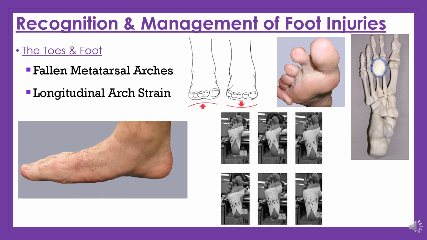Now, longitudinal arch strain is usually caused when an athlete subjects their intrinsic foot musculature on the bottom of their foot to stresses that they aren't used to. It causes a flattening or depression of that longitudinal arch, which is known as pes planus, or flat feet. It can be something that occurs suddenly or chronically over time, right?